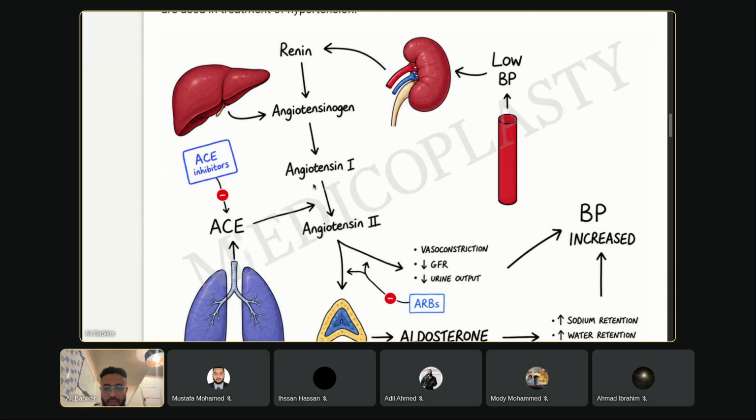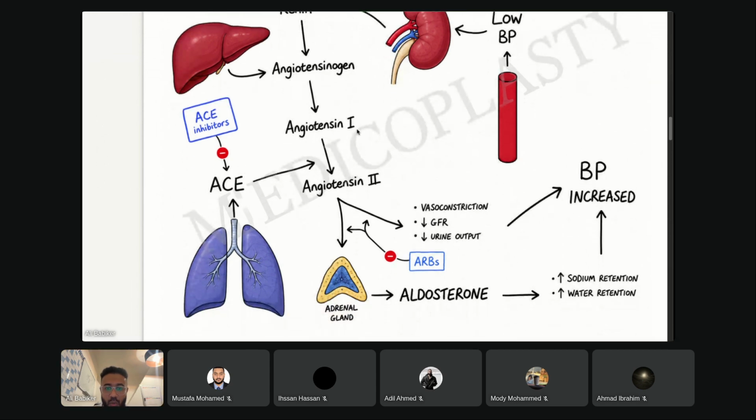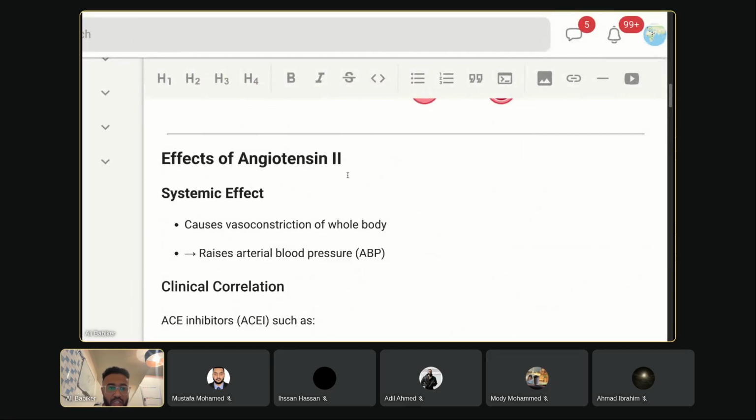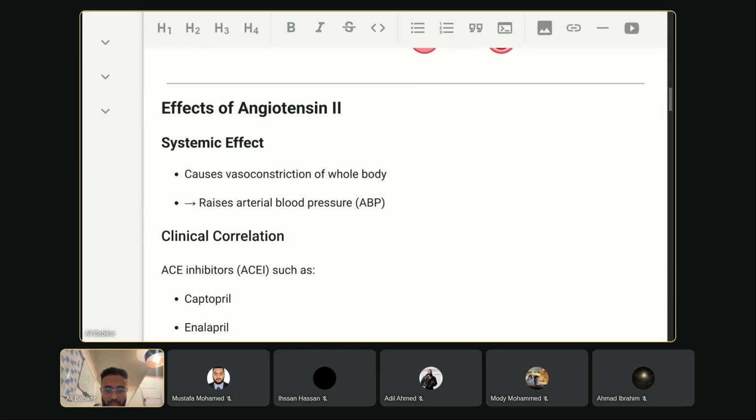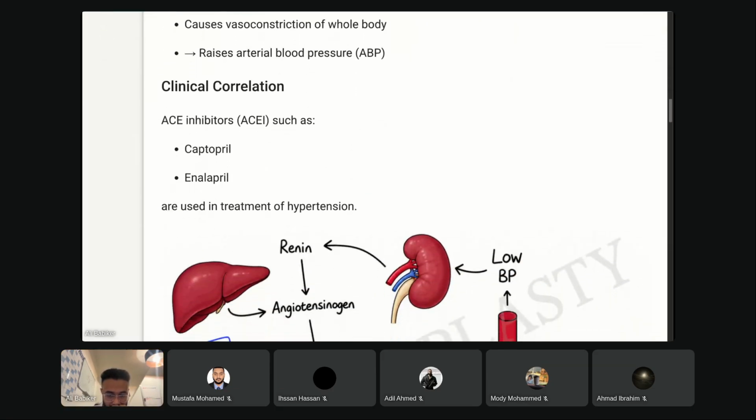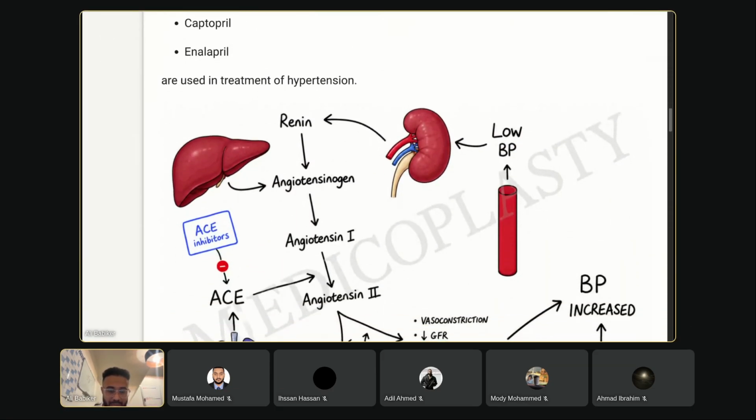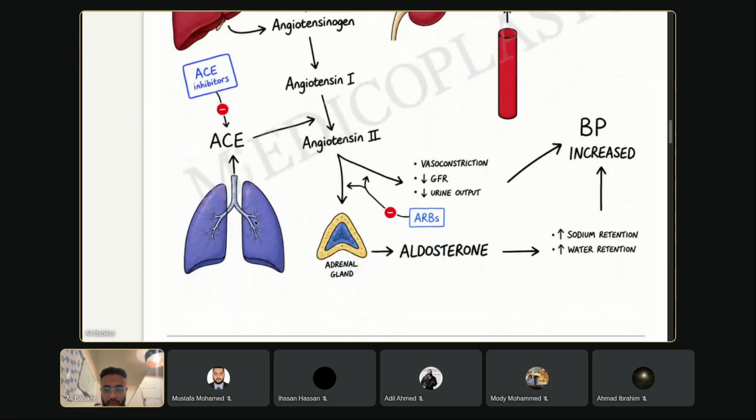This will mean there will be less aldosterone and less angiotensin 2. The effect of angiotensin 2 is vasoconstriction, so there will be less vasoconstriction and less increase in the blood pressure. That's why we use ACE inhibitors to control blood pressure.